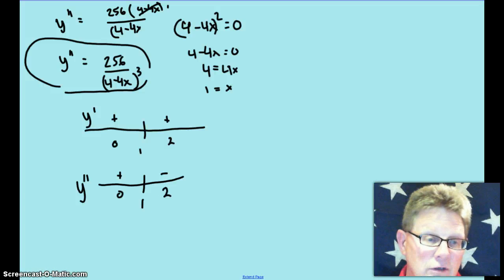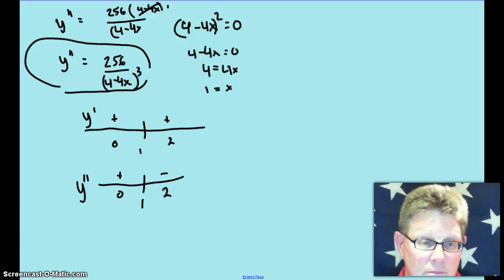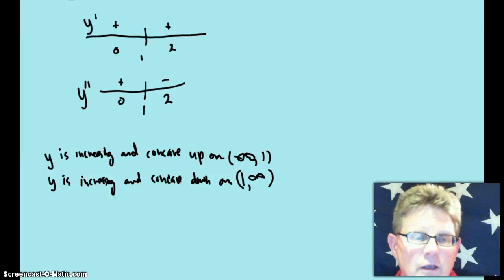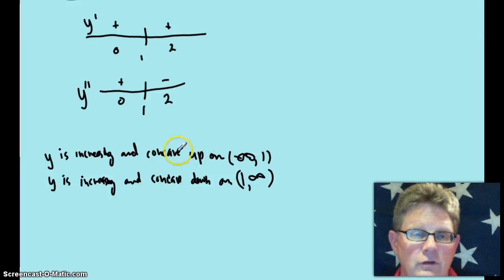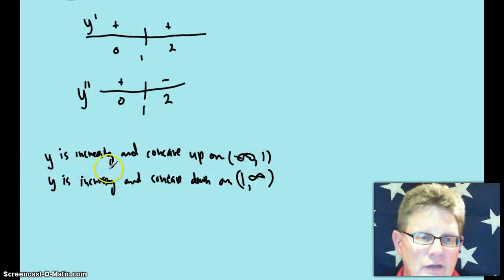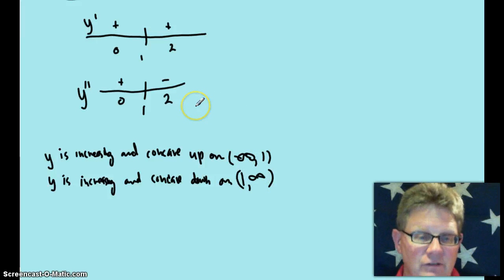So go ahead and write your conclusion for y, where it's increasing and decreasing, concave up, concave down, and compare your answer one more time. And here's my conclusion. Y is increasing and concave up on negative infinity to 1, and y is increasing and concave down on 1 to infinity. This does conclude Applications of Derivatives Lesson 1.